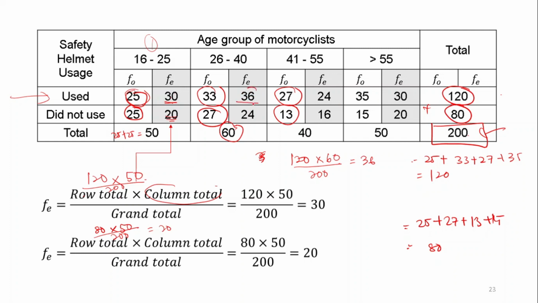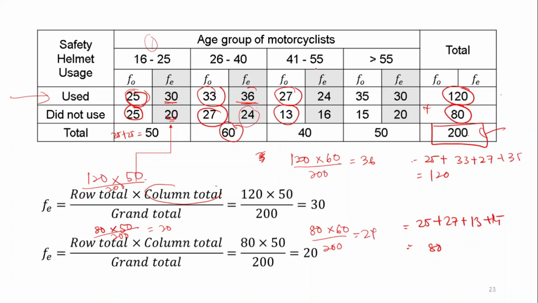Then for the second row and second column, 80 times 60 divided by 200, so you get 24.